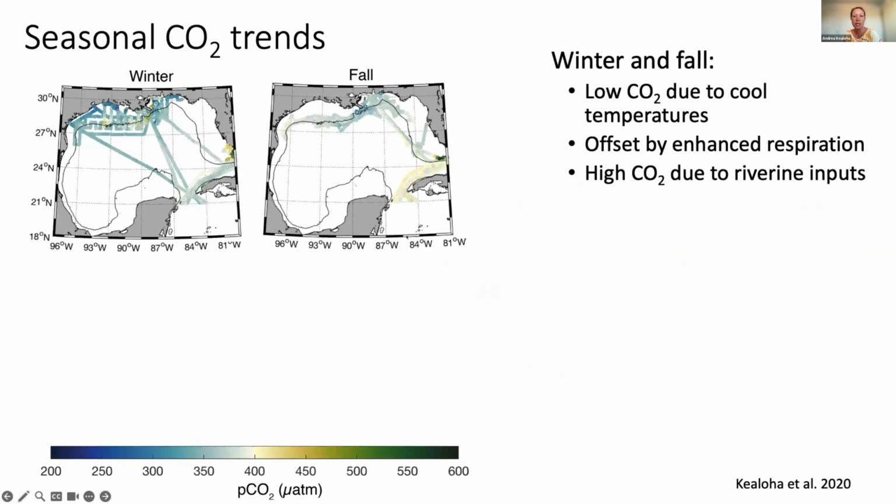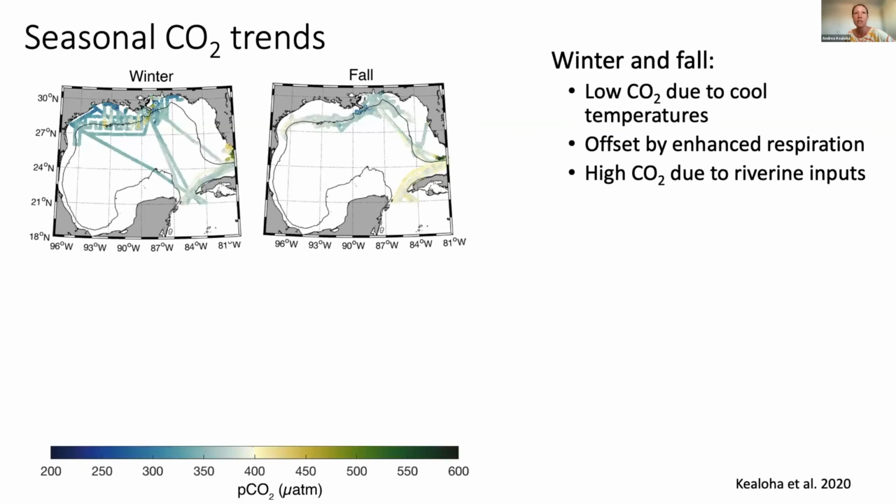Despite the limitations of the data set, we were able to produce the most comprehensive analyses at the time of spatial, seasonal, and long-term CO2 trends. So here I'm showing seasonal CO2 trends for winter and fall, where blue is low and green is high. We see low CO2 due to cooler temperatures.